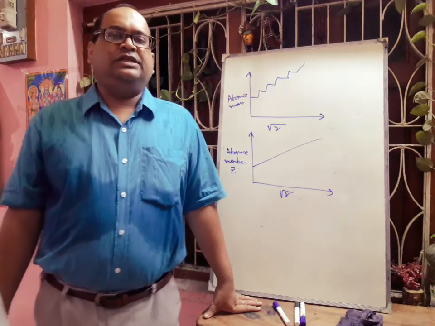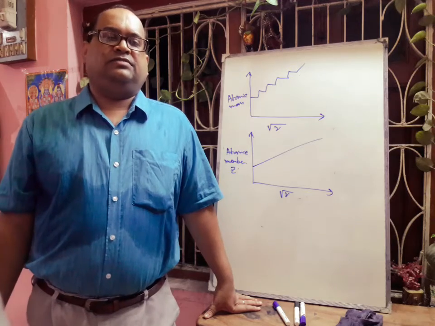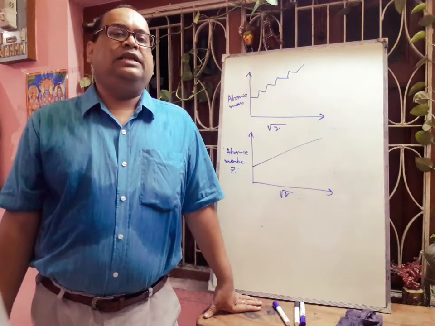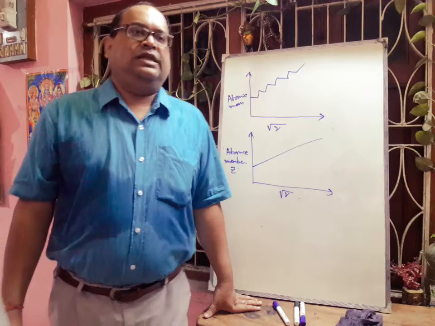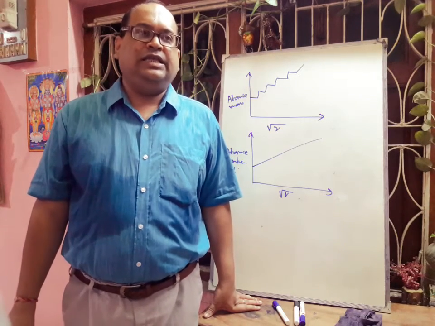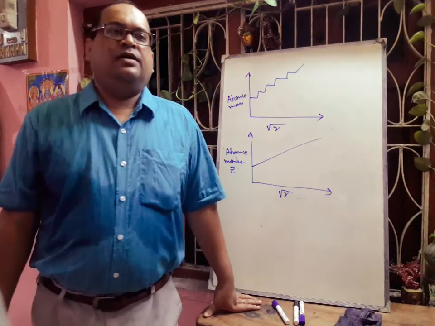The cause of periodicity is the recurrence of similar electronic configuration. If we look at the periodic table, in case of group 1, there is hydrogen first, then lithium, sodium, potassium, rubidium, cesium, francium.